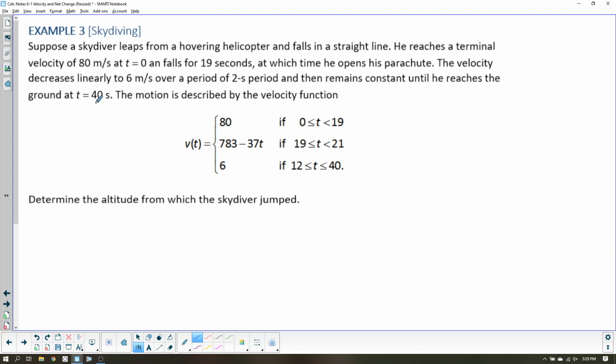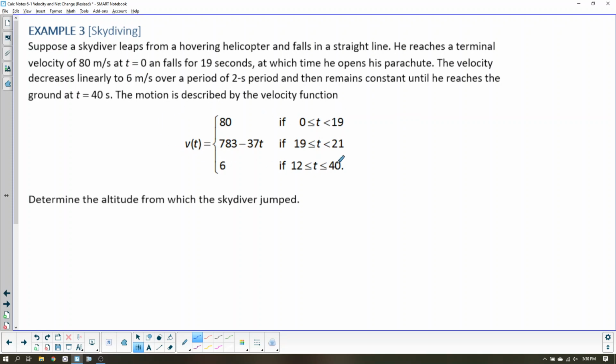His velocity decreases as a linear function to 6 meters per second over a period of 2 seconds. And then it remains constant until he reaches the ground at t equals 40 seconds. The 6 meters per second is the new terminal velocity with the parachute open.